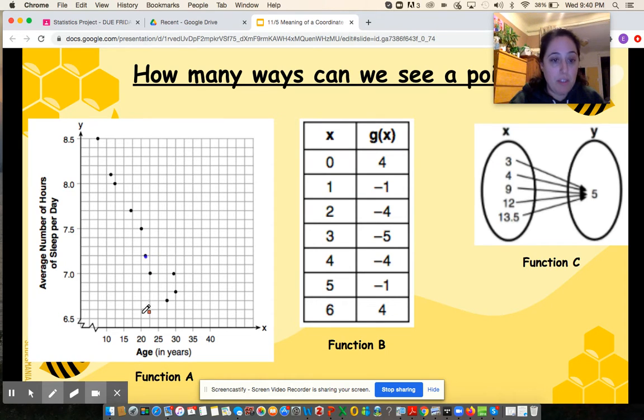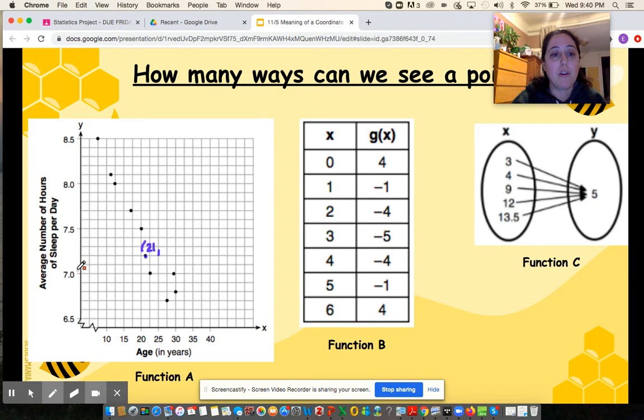If this is like 22 and a half, this might be like 21. So I could say, okay, the X value is 21. And then I go up. Remember that second number is how much you either go up or down. I go up to 7, and what is this going up by? 7.1, 2, 3, 4, 5.